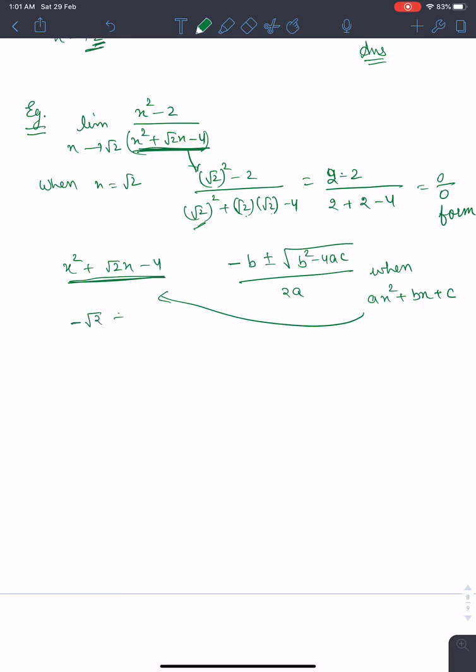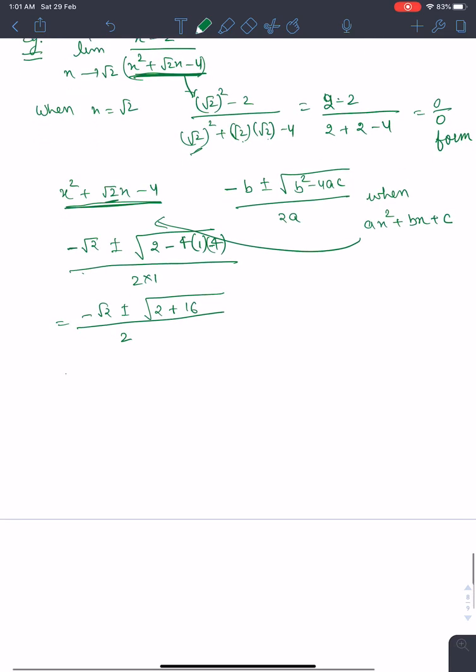Minus b plus minus under root b square, that means root 2 square, that means 2, minus 4, a means 1, c means minus 4, upon 2 into 1. So it becomes minus root 2 plus minus under root 2 plus 16 upon 2.